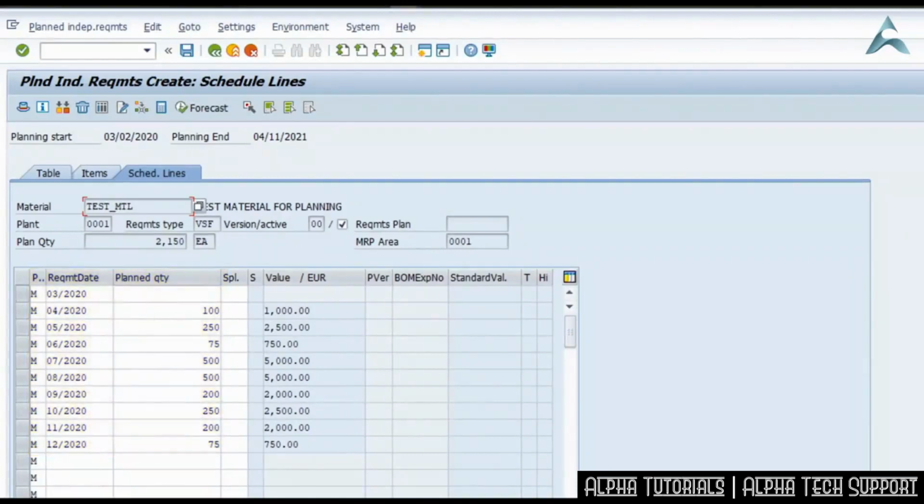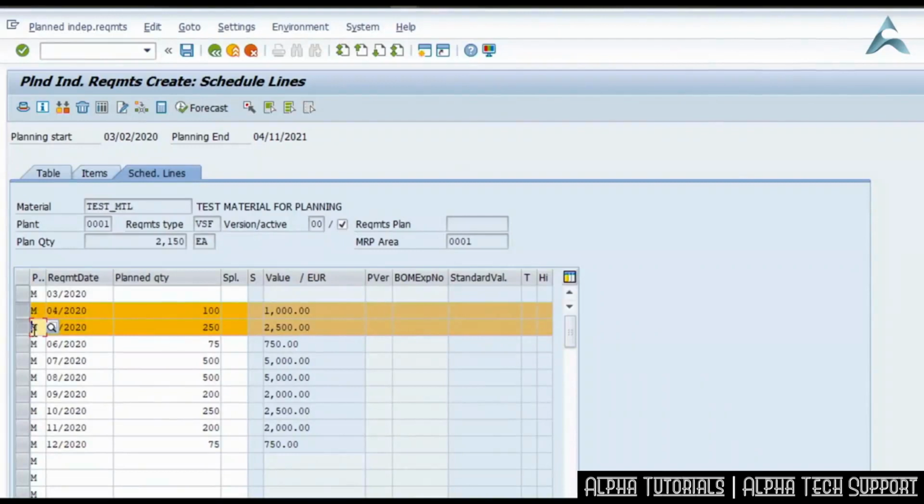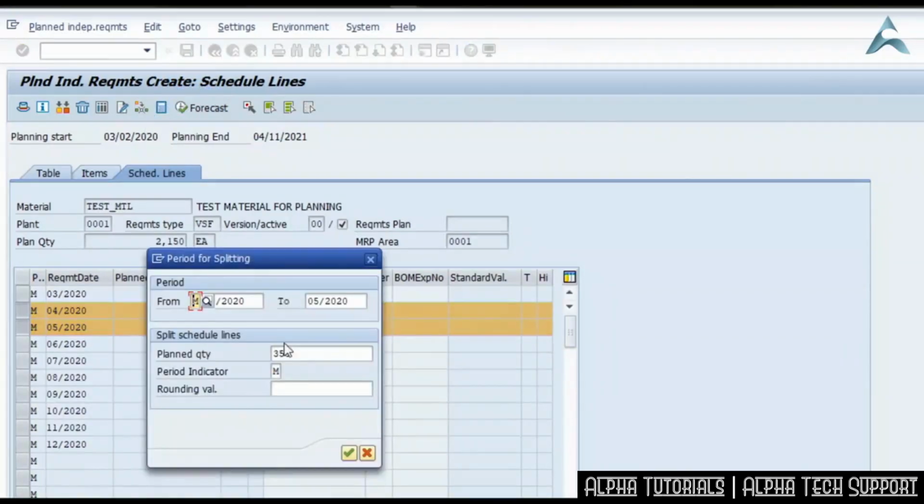If I want to stretch the first 2 months into weekly periods for production planning purposes, I can select those 2 periods and then click the distribution over a period button. And it will take it from this period to whatever period indicator you select. In this case, I will choose weekly.